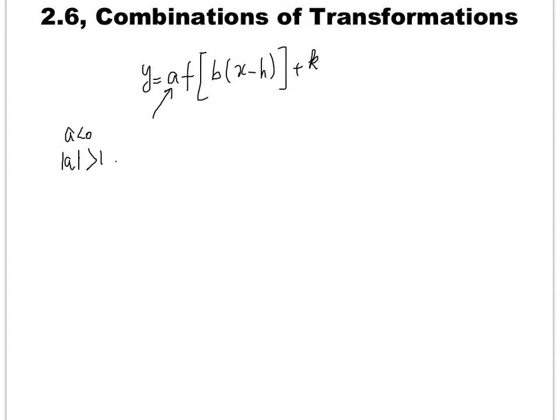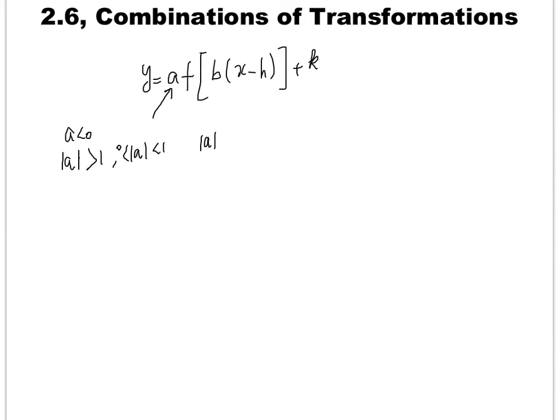And if the absolute value of a is between 1 and 0, we are going to compress the graph along the y-axis. By what factor? By absolute value of a.